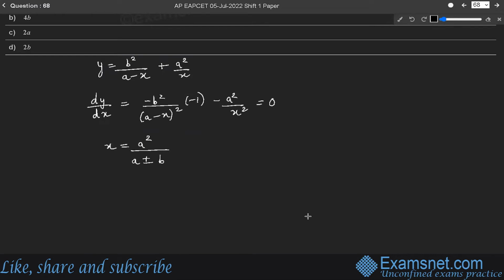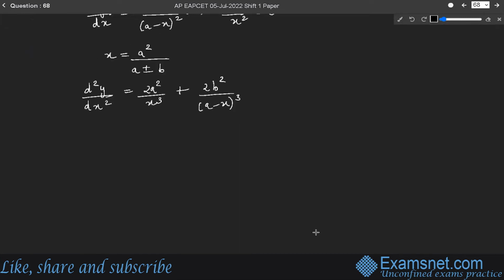Again, finding the second order derivative, it will be d square y upon dx square is equal to 2a square upon x cube plus 2b square upon (a minus x) whole cube. So we can say that d square y upon dx square at x is equal to a square upon (a plus b) is greater than 0.